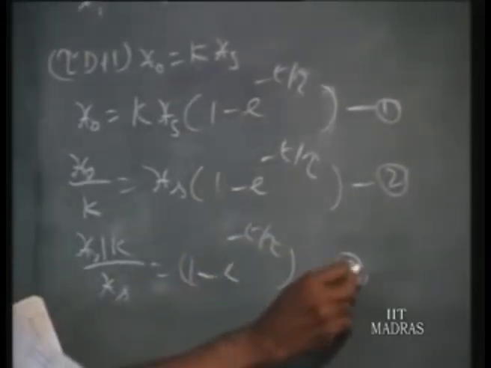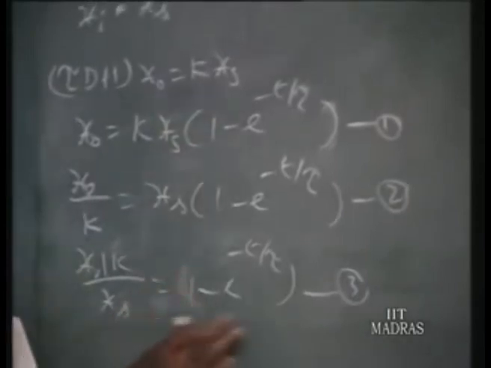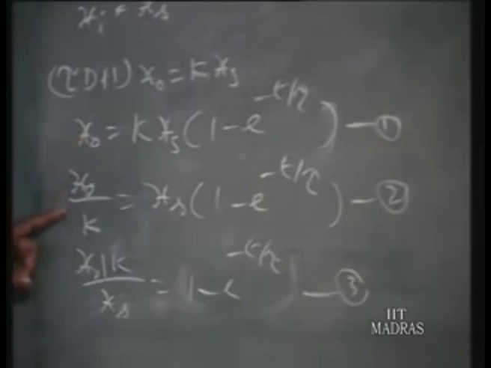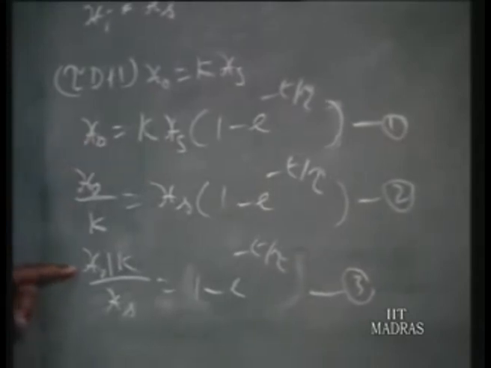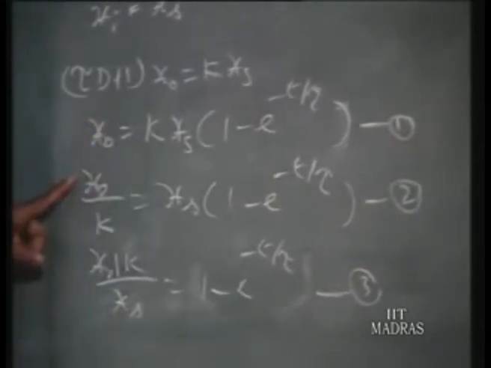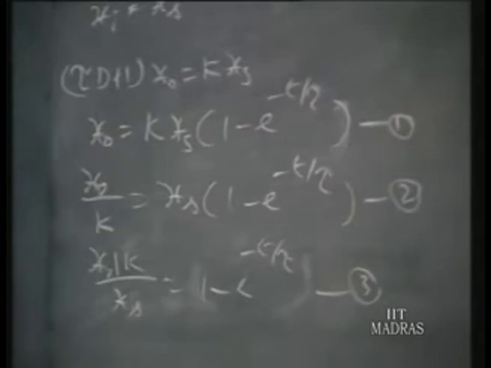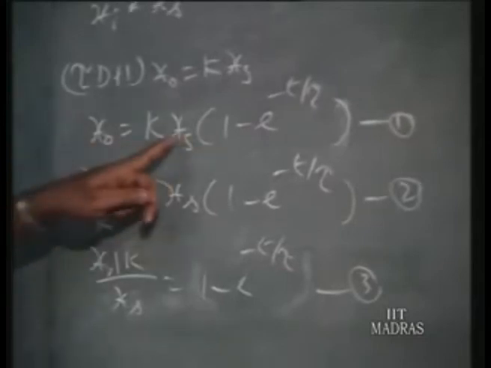This is equation 3. So the same equation is given in three different forms. Mathematically there is no difference, but in measurements each represents something, since Xo, the output signal itself, is of that form.